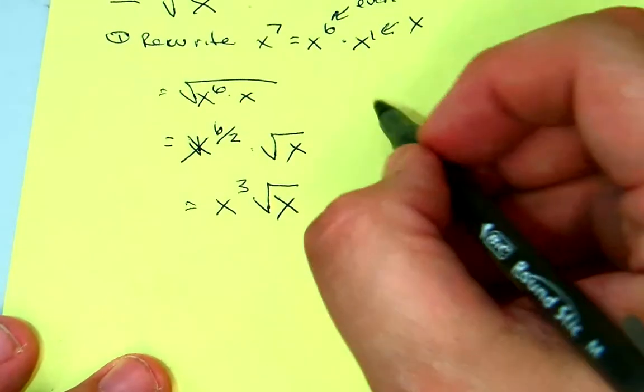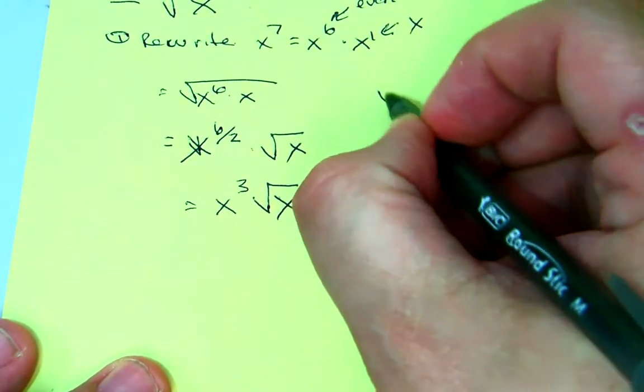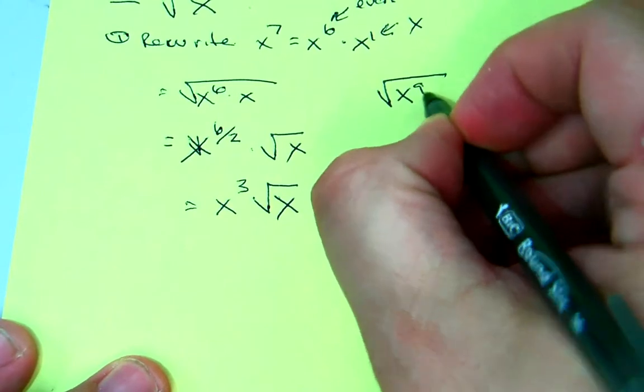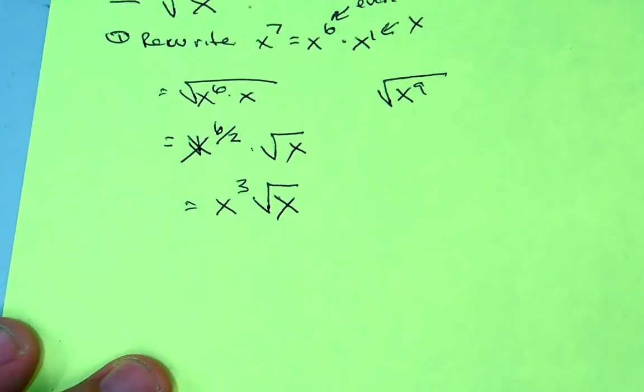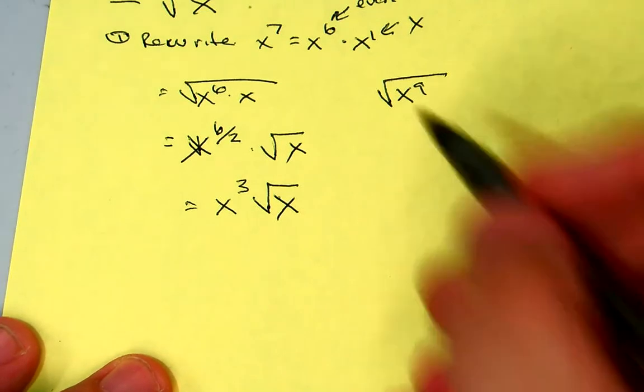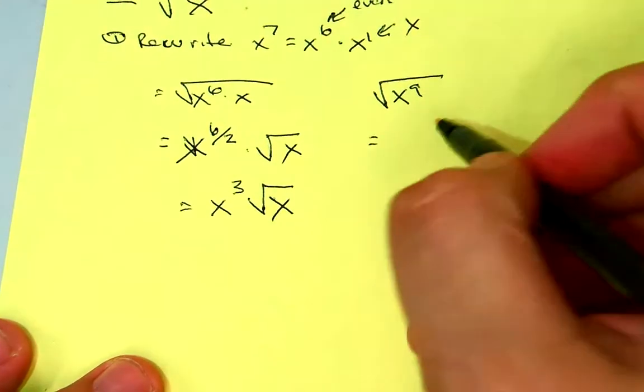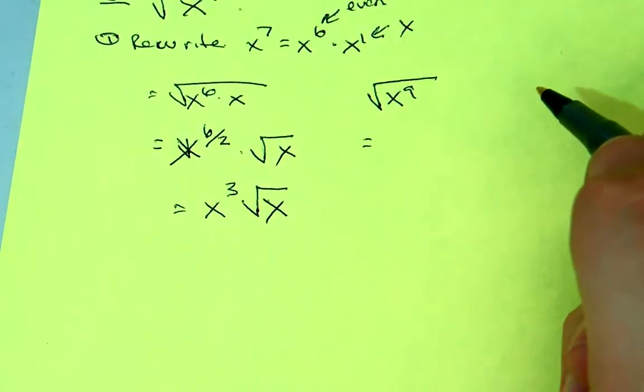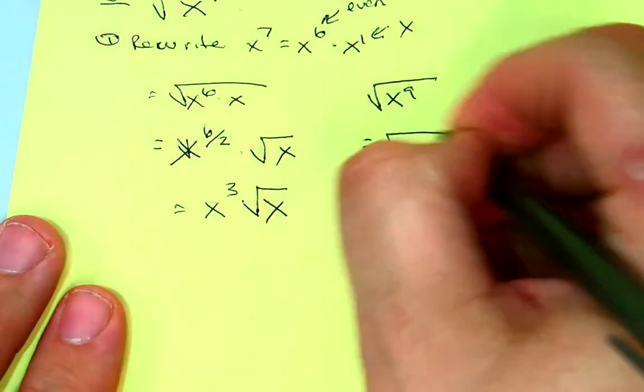Again, let's try another one. The square root of x to the 9th. Now, we have to figure out how we are going to get this into a situation where we can actually use this whole divide by 2 method. Here's what we get.